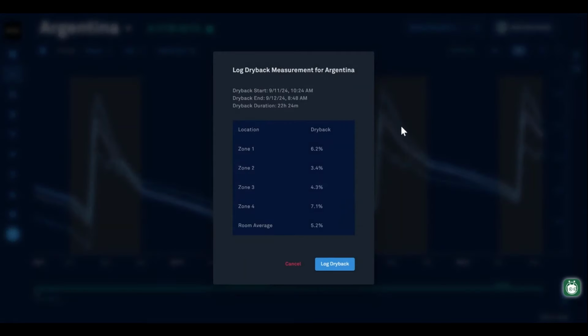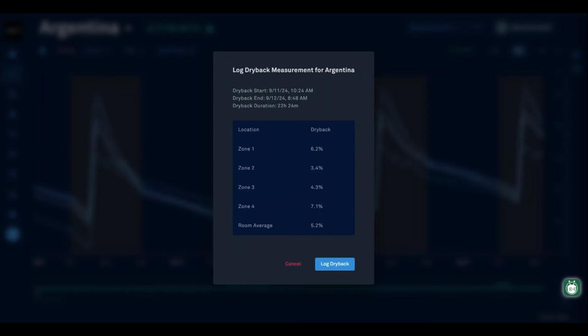So I'm going to just jump back in here. We'll take a look at what that dryback was again. And I'm glad I did this because also a good practice is to think about, if I irrigate at 5.2% increase in water, my zone 4 and my zone 1 aren't going to get back up to field capacity, right?